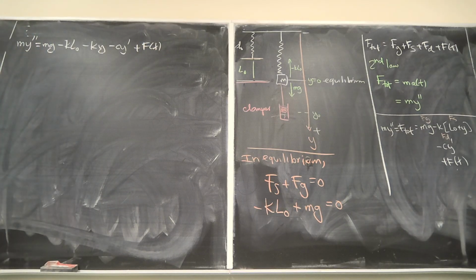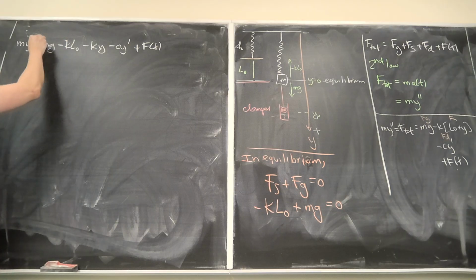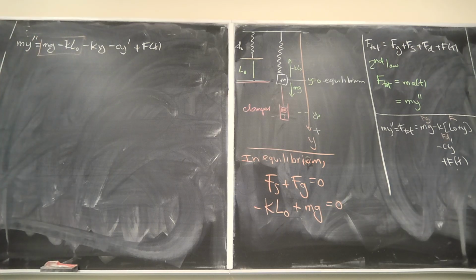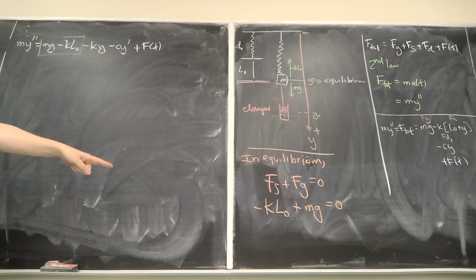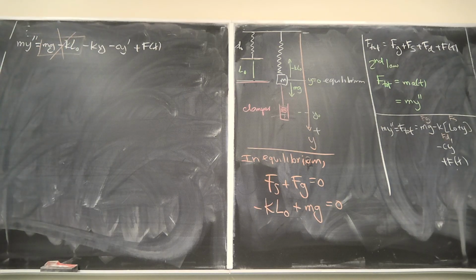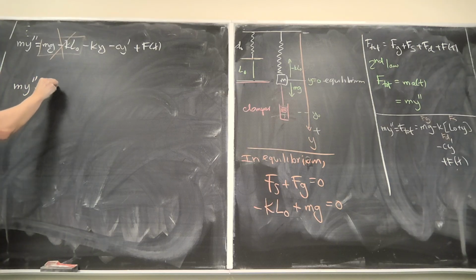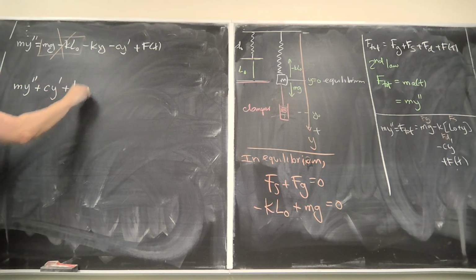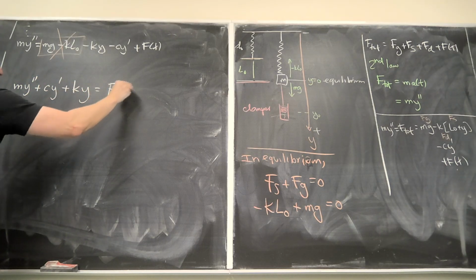Now that looks pretty familiar. Isn't this like mg minus kL naught? Haven't we seen that somewhere before? Oh, that's the balance between gravity and the spring force at equilibrium. Those must be equal to each other, which I wrote down over there. So this disappears, and you end up with my double prime plus cy prime plus ky is equal to f of t.